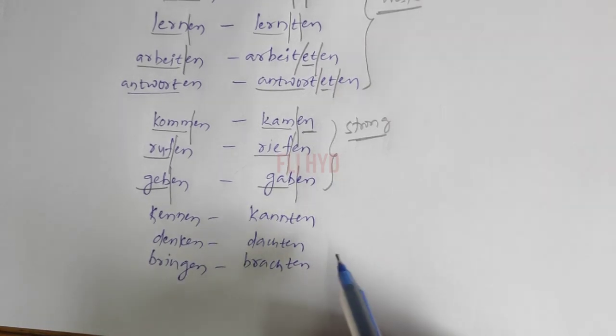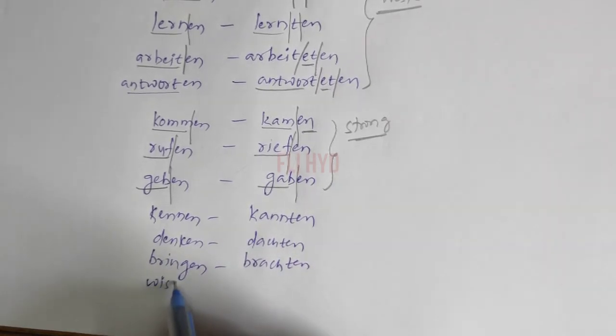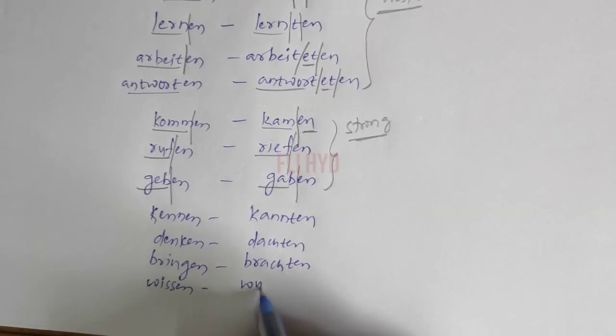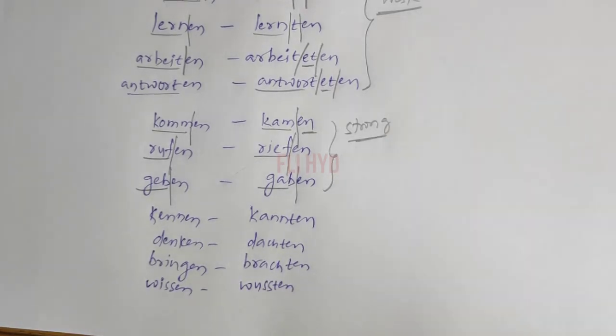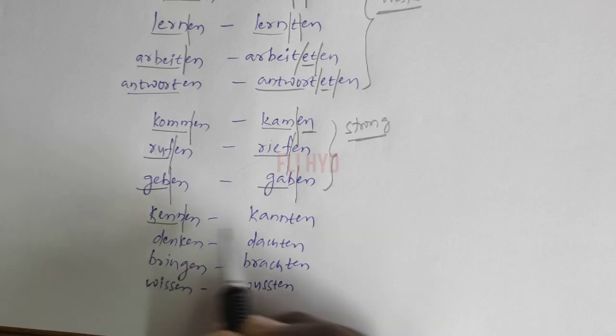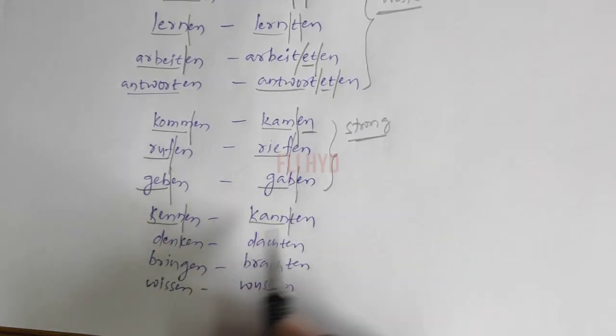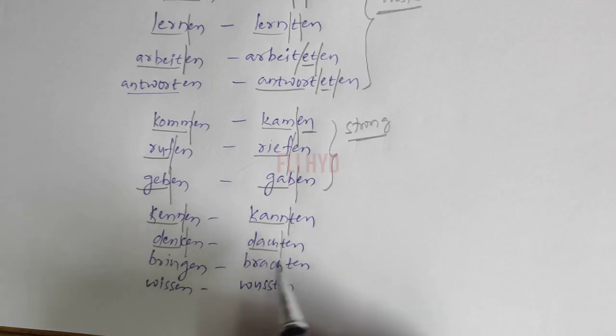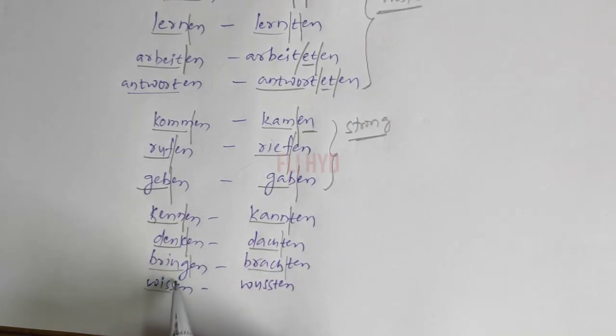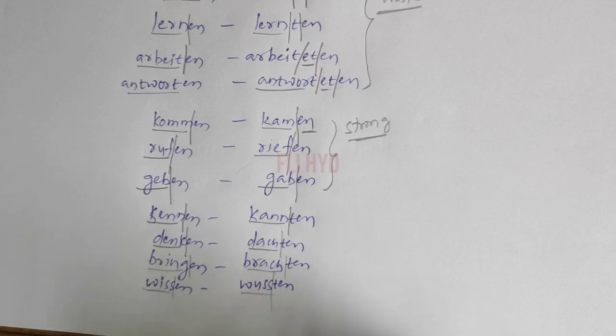And wissen changes to wussten. Now you see here the stem is ken, so it changes to kan, so kannten. Denken, the stem is denk, and it changes to dach, so dachten. Bringen changes to brachten. Wissen changes to wussten.